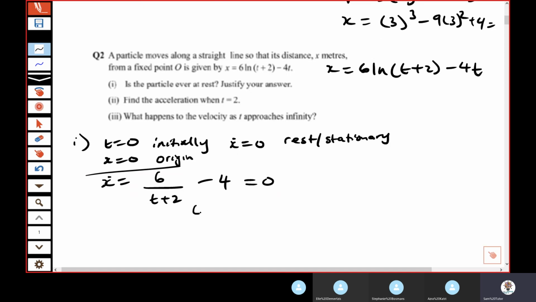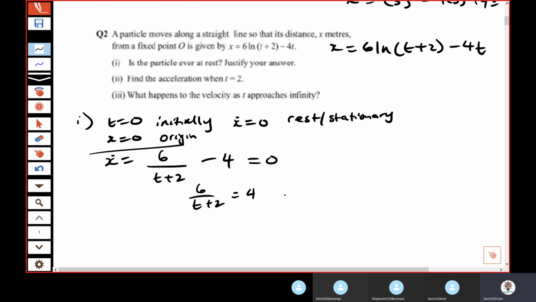Plus the 4, basic equations: 6 equals 4t plus 8. Bring the 8 over, and t equals -1/2, which means no. You can't get time as being negative, so the particle is never at rest. Simple.